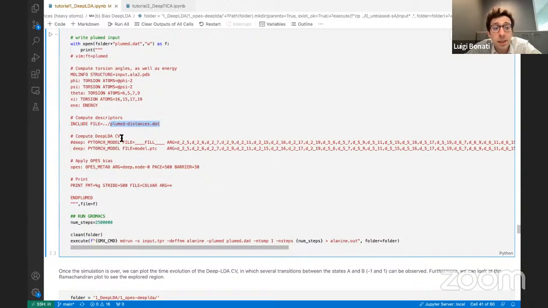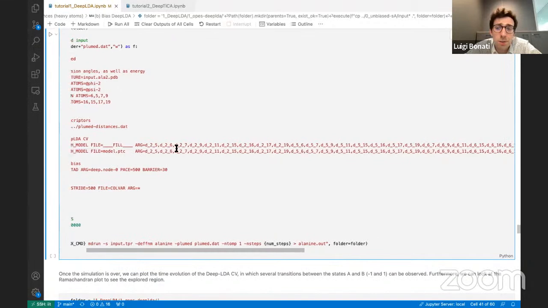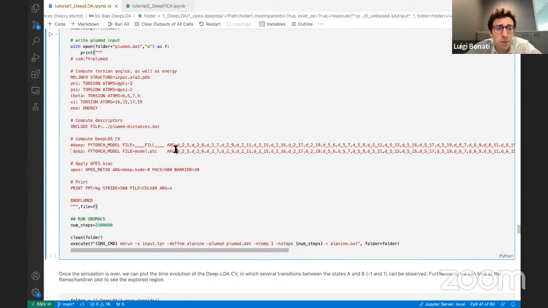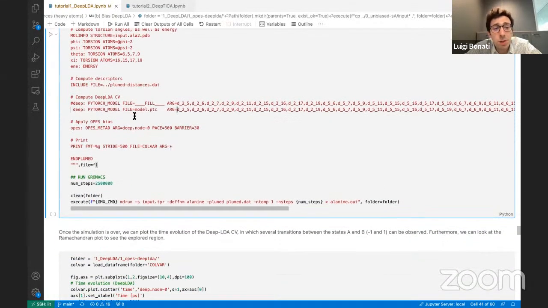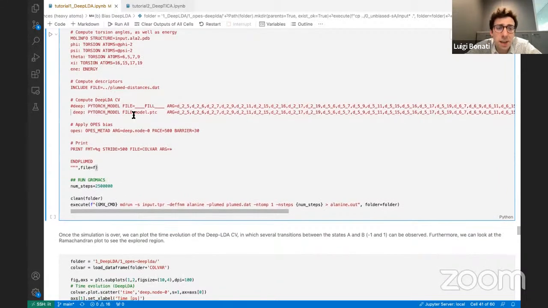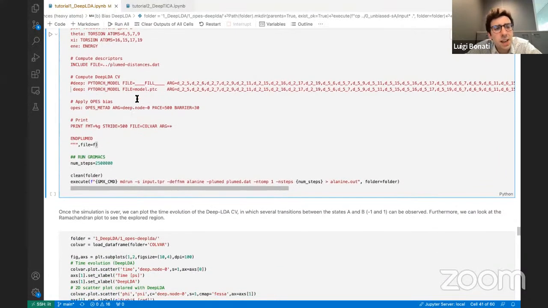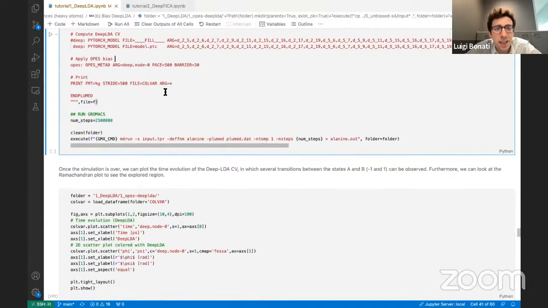And then we compute the DeepLDA-CV, specifying the file of the compiled PyTorch model and the input descriptors. And then we use OPES to enhance the sampling. As you can see here, in contrast with metadynamics, we can perform an OPES simulation specifying just as few as 2 parameters, in this case the pace and the barrier.